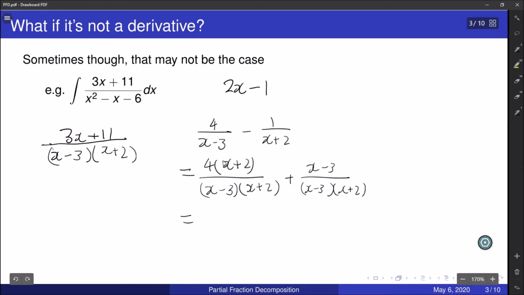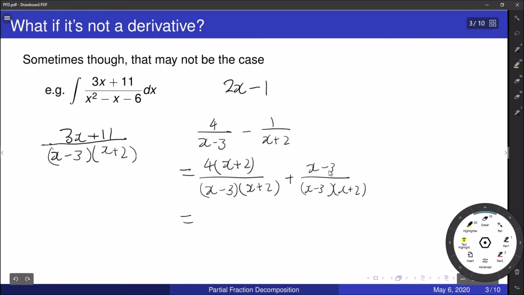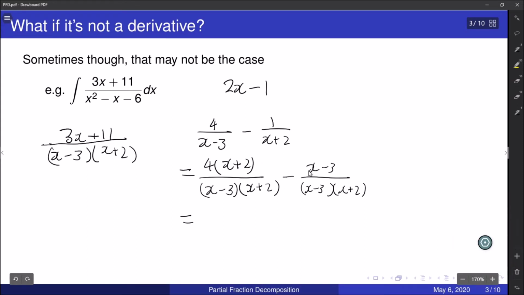Wait, this is minus what I'm doing. Minus negative 3, so you actually end up with 3x plus 11 over x squared minus x minus 6.